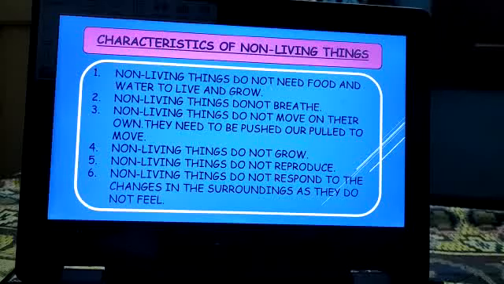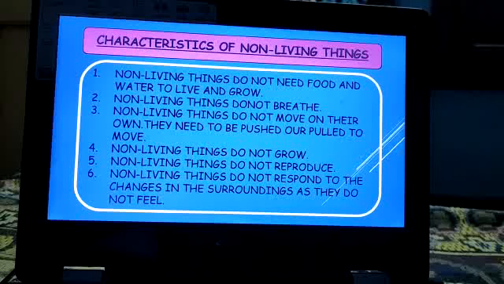They don't have legs, so how can they move? They do not move on their own. They need to be either pushed or pulled to move. The next point is that non-living things do not grow. Their size never grows. Fifth, non-living things do not reproduce.